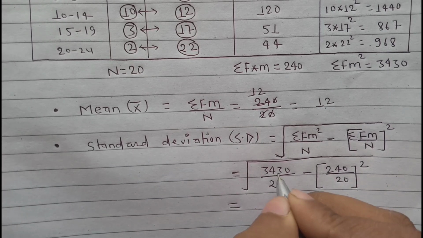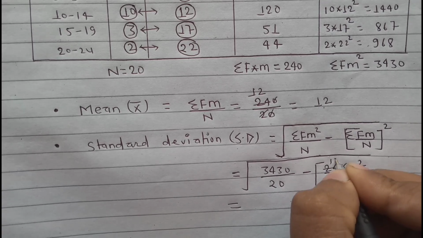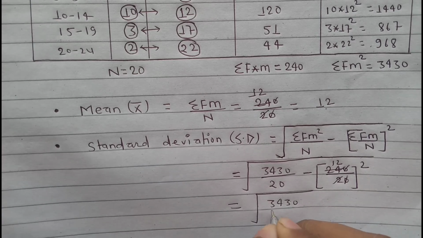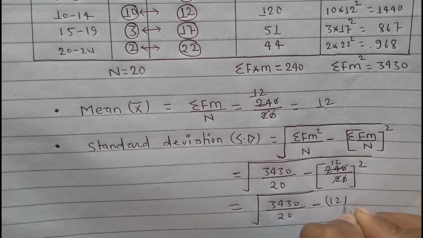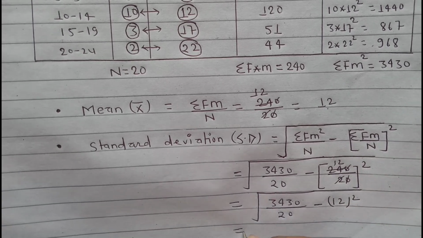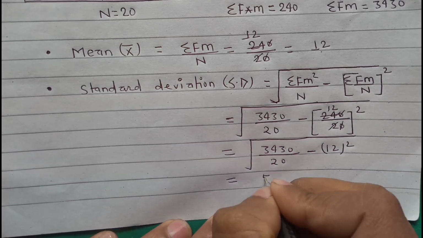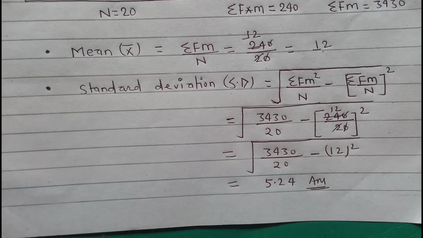Solving this, 3430 by 20 minus 12 square, you get the value of standard deviation 5.24.